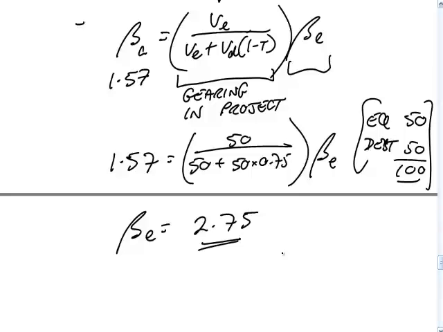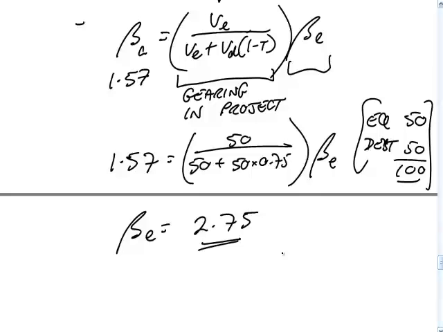You know, always stop and pause. I said before, you may think I'm being silly, but you know as well as I do, in the middle of an exam, I don't care how well you know things, you press the wrong buttons and do silly things. But is it sensible? Surely it is, because using debt for the project has made it more risky for the shareholders. Here we're measuring the risk for the shareholders. You would expect the risk for the shareholders to be higher. Their beta is higher. All right?